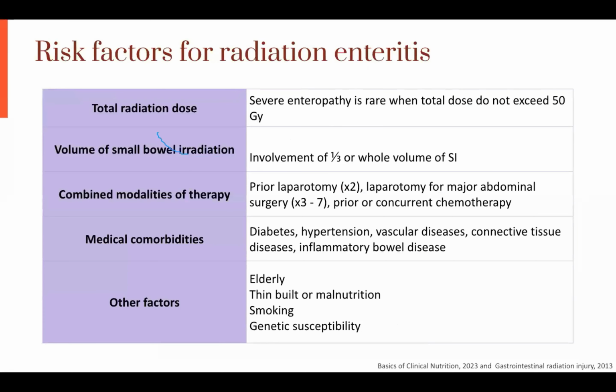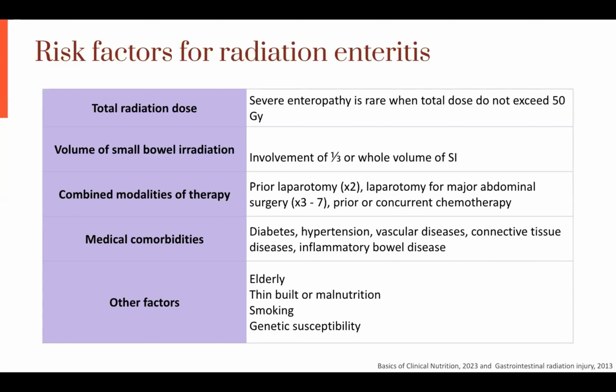So, looking at the risk factors for radiation enteritis, the total radiation dose has an effect. The volume of small bowel irradiation does have an effect. Also looking into the history, whether the patient has had previous laparotomies or whether there is concurrent chemotherapy going on.